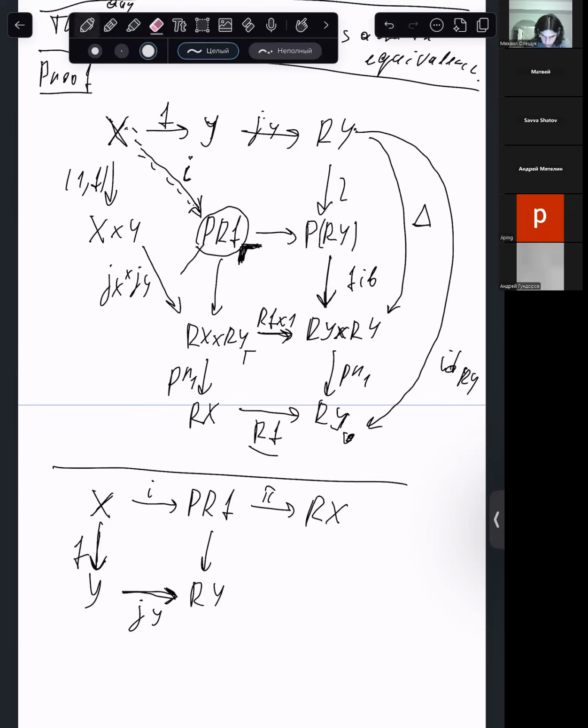And this P will play its role later. So we want to prove that if this F is anodyne, then there's a weak equivalence.